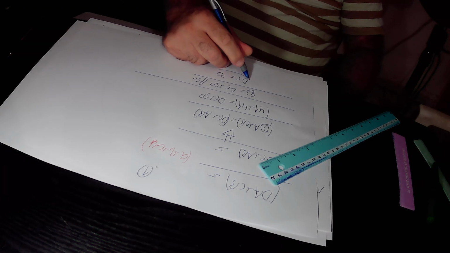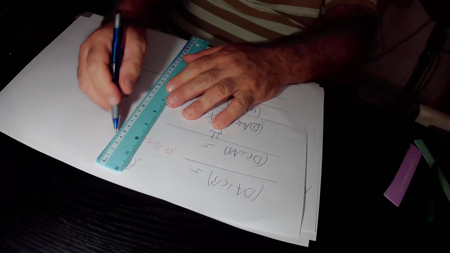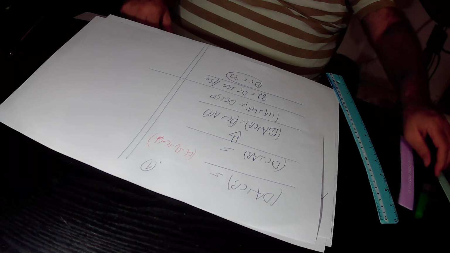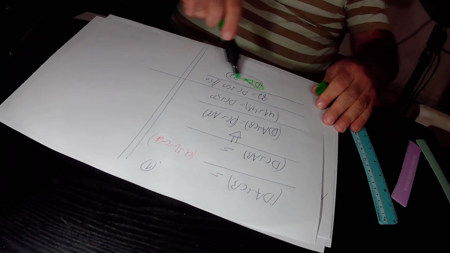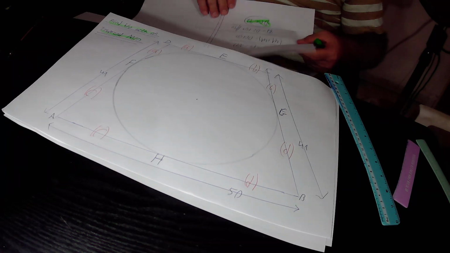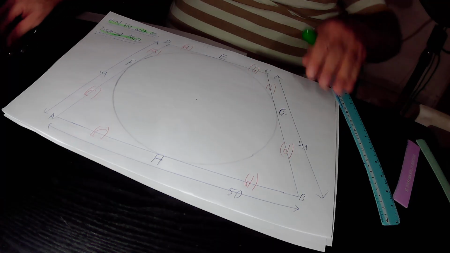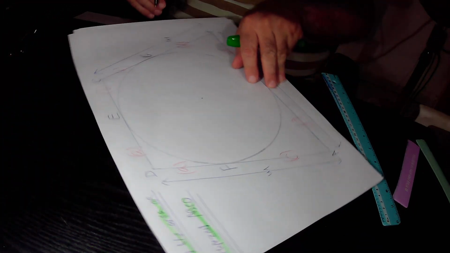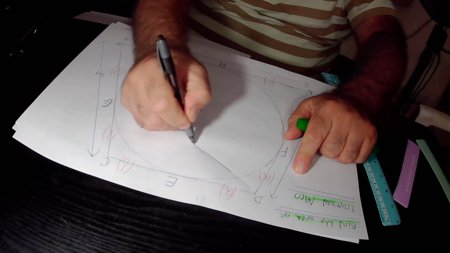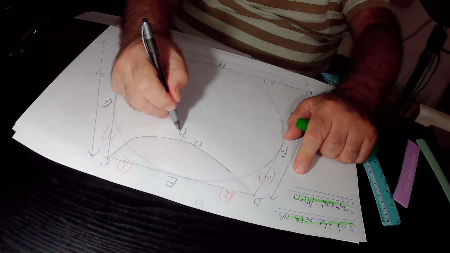So the missing side DC equals 32 units in its length.